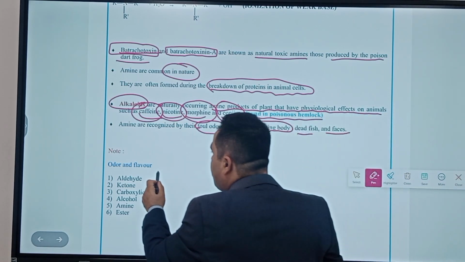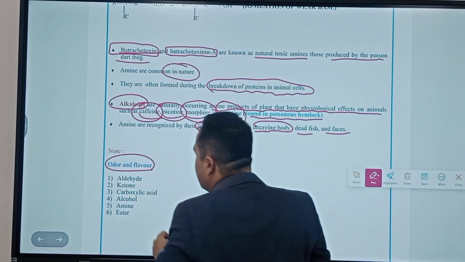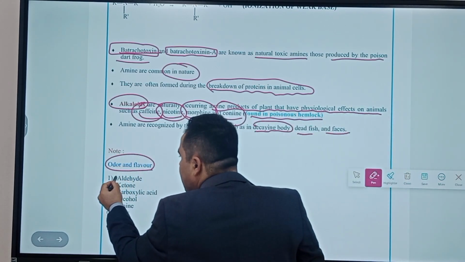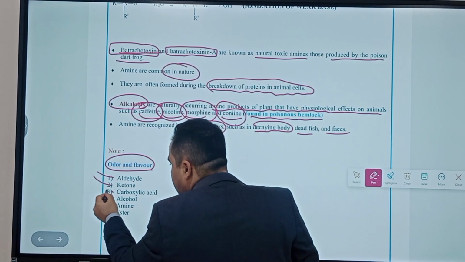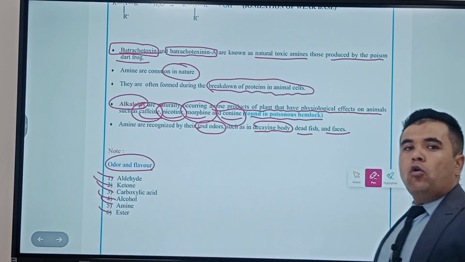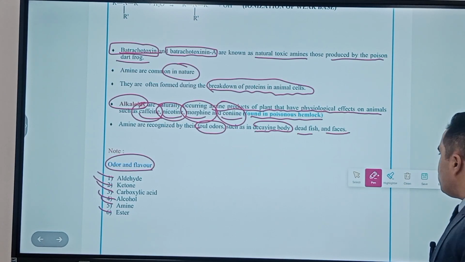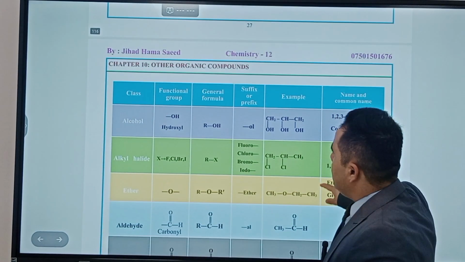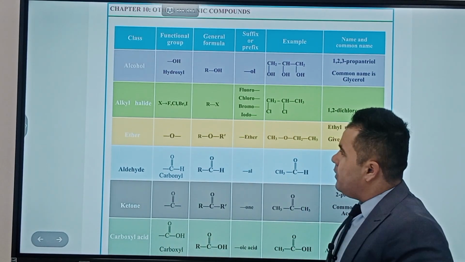Guys, those compounds that we studied are responsible for odor and flavor: first aldehyde, then ketone, carboxylic acid, alcohol, amine, and ester. They are all compounds related to the odor and flavoring of compounds.